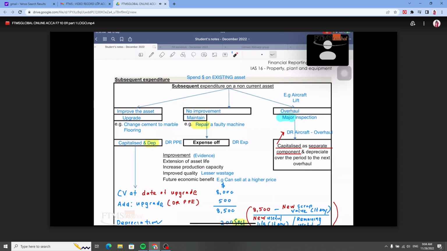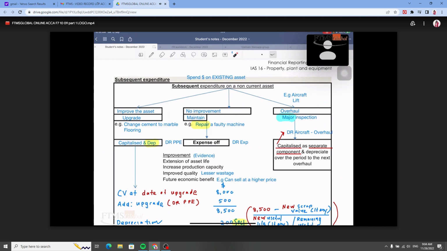On the certificate, they will display when the last major inspection was done. It depends on your country. So next time you are in a lift, you can look at the certificate. That's the major overhaul we are talking about. They need to do a major inspection maybe every 3 years or maybe every 4 years.